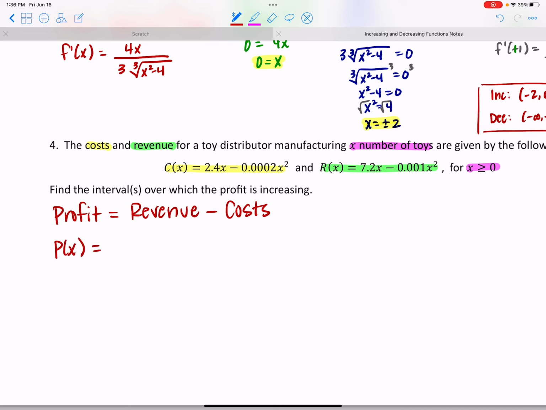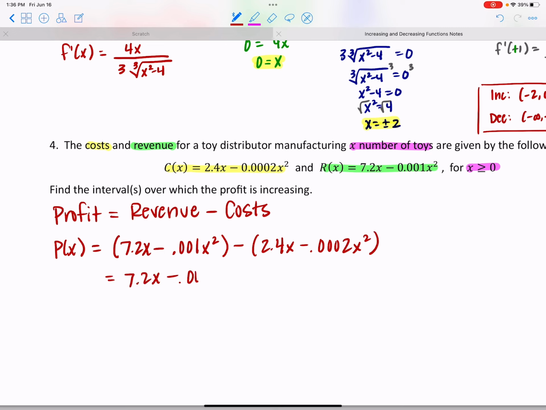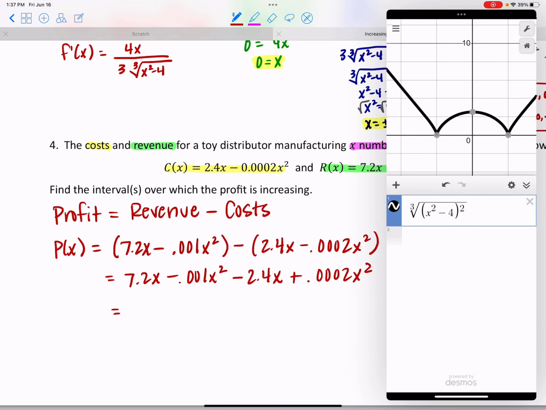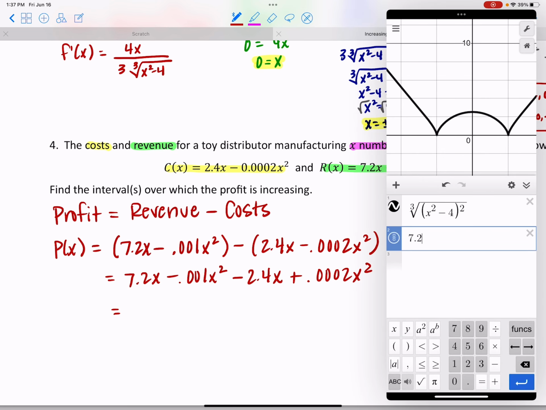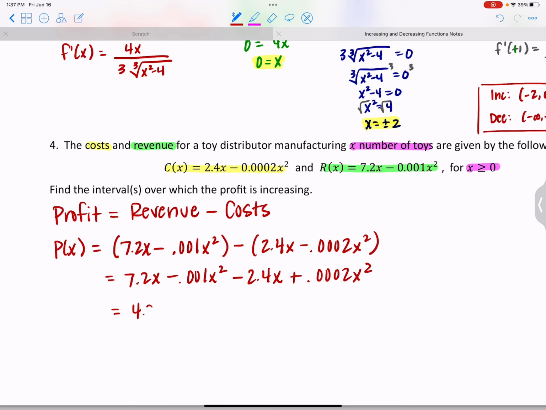revenue, which is 7.2x minus 0.001x squared. From that, we want to subtract costs, which are 2.4x minus 0.0002x squared. So this becomes 7.2x minus 0.001x squared minus 2.4x plus 0.0002x squared. Then we'll combine like terms. 7.2 minus 2.4 is 4.8, so we have 4.8x.